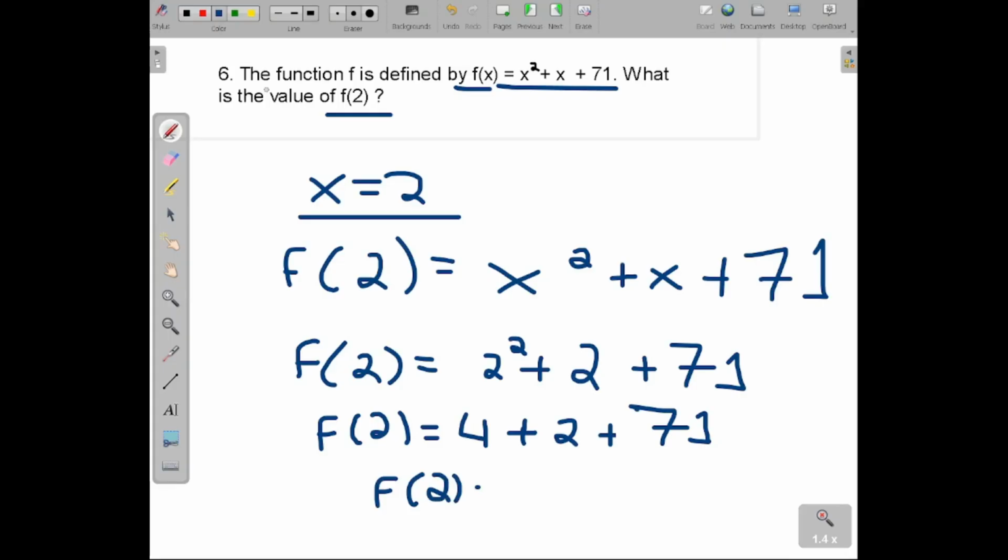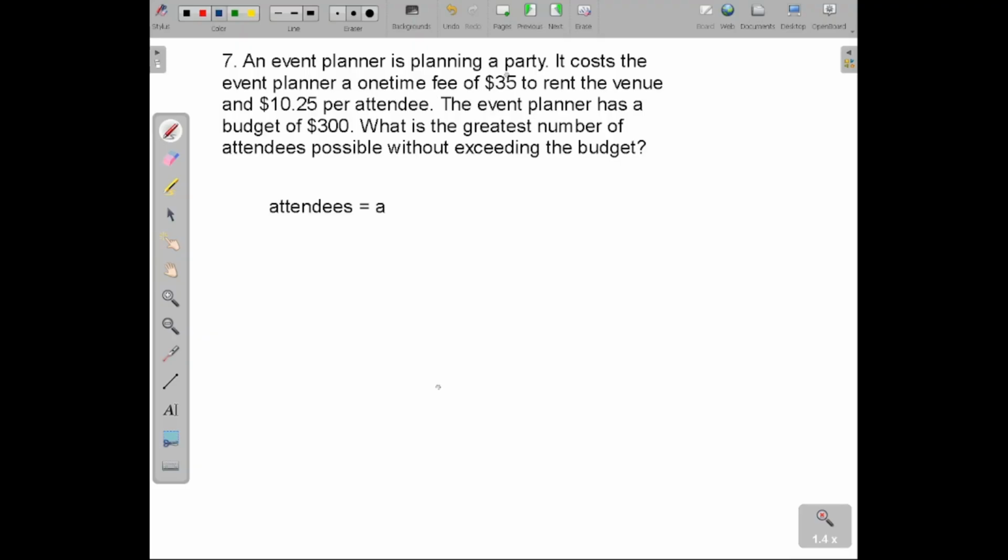F of 2 is equal to, so 4 plus 2 is 6, 6 plus 71 is 77. So the final answer is 77.